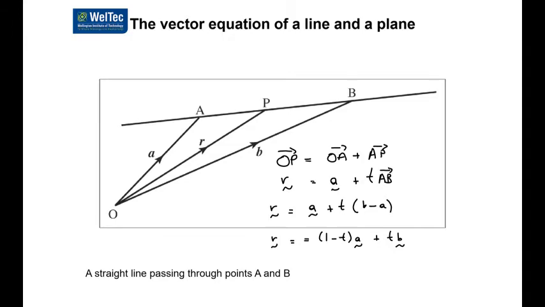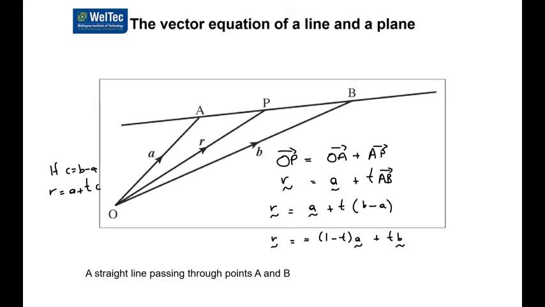Now, if I've got enough room, if C is equal to B minus A, then R equals A plus some number times C, and that gives rise to this.